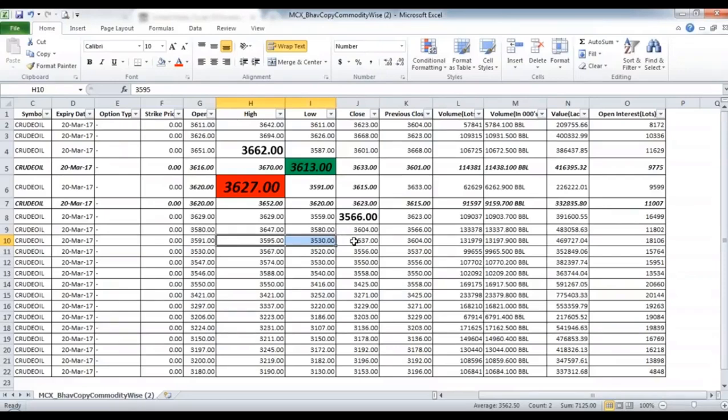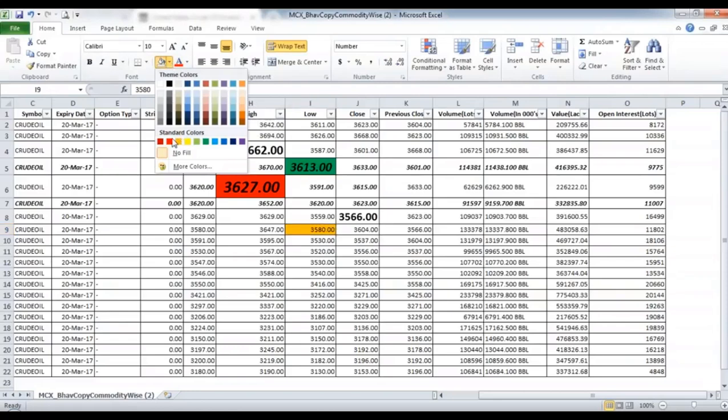When it got into a trend, this time again it's a selling. So this 3580, if you look at this 3580, did it try going above this and came back and closed below this? Yes, sir. So if I mark this as red, will it be wrong?